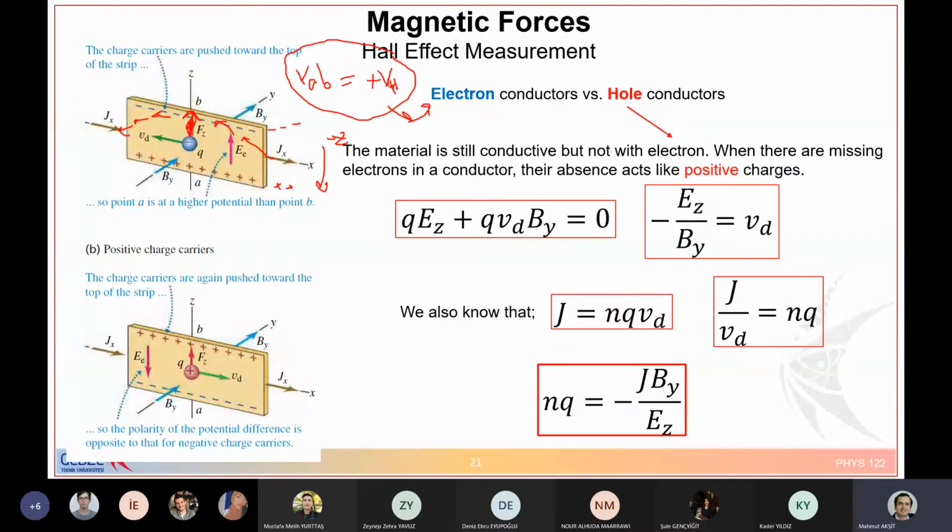And for the positive charge particle, since the current direction and the movement of the particles, for example holes, are in the same direction, you apply the right-hand rule this time. The magnetic field is in the shown direction, but this time drift velocity is not towards minus x, it is towards positive x direction. So the force is again in positive z direction.